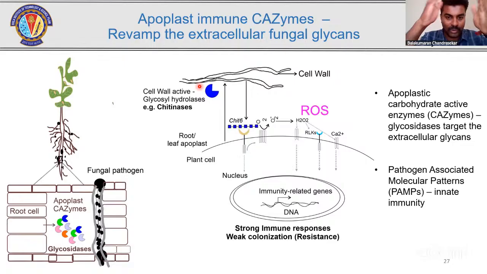Whenever a polysaccharide is present in the apoplastic region, the plant secretes, as I have already told you, a lot of enzymes, especially glycosyl hydrolases.